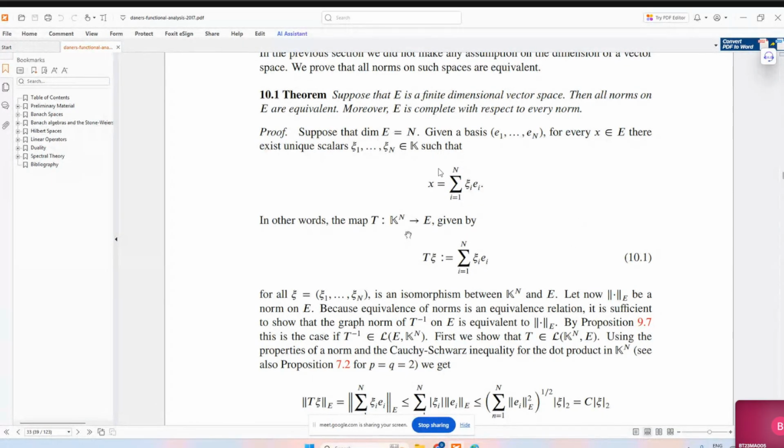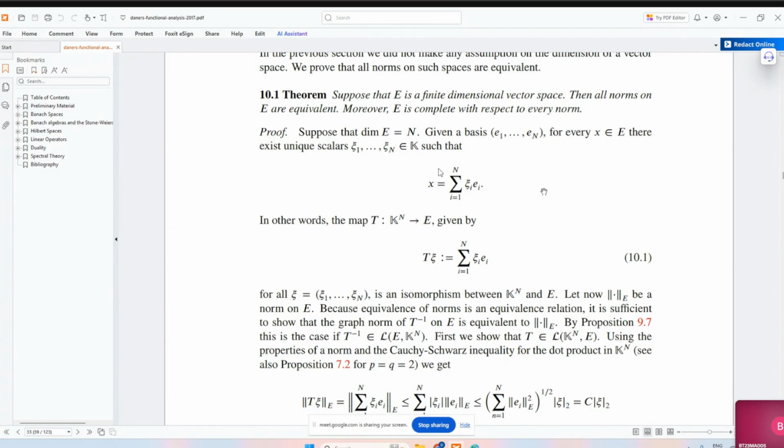Now you take K^n. K raised to n is nothing but either R^n or C^n, depending on whether you take K equal to R or C. Take a point xi in K^n, and suppose the coordinates are xi_1, xi_2, ..., xi_n. These are the coordinates of the point x, and they are either real or complex, depending on whether your vector space is real or complex.